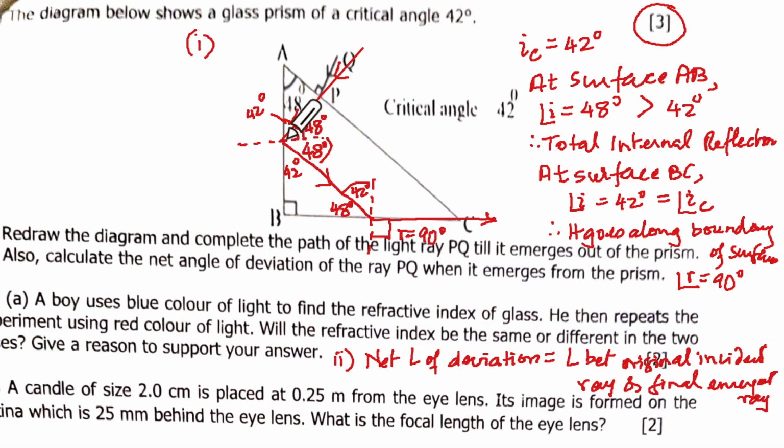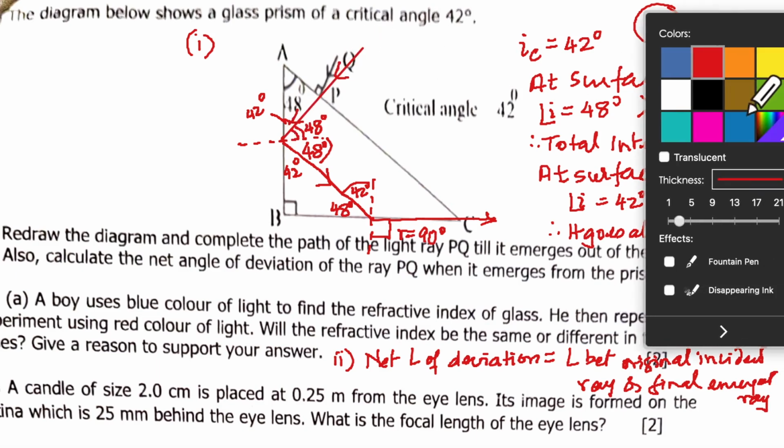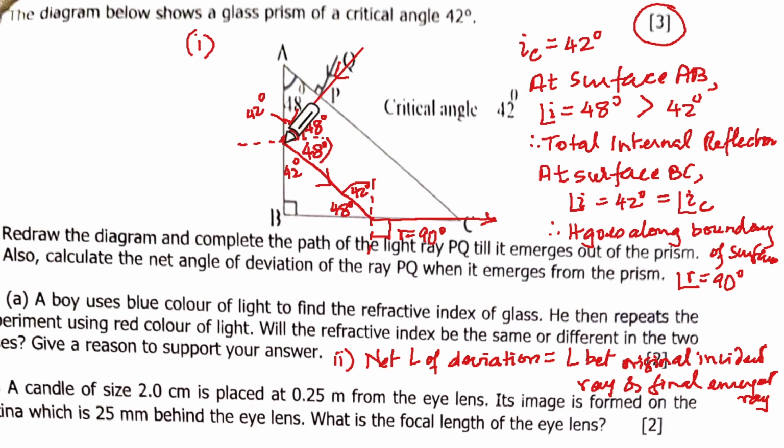So you will get this way. Now I'll use another color so that you don't get confused. The original path of this ray would be this way, correct? This is the path of the original ray, and this is the final ray, so I will produce this backwards.